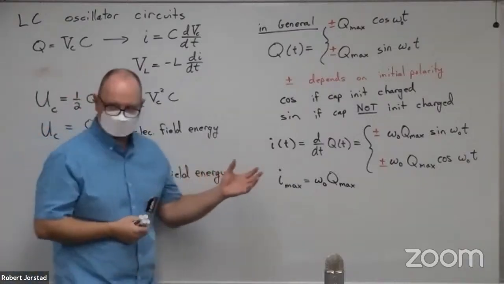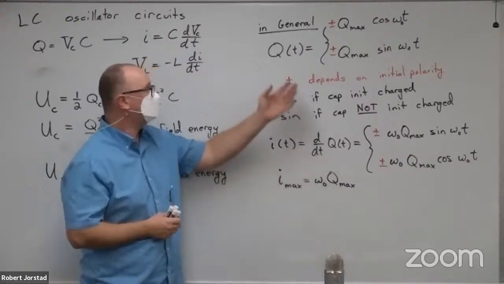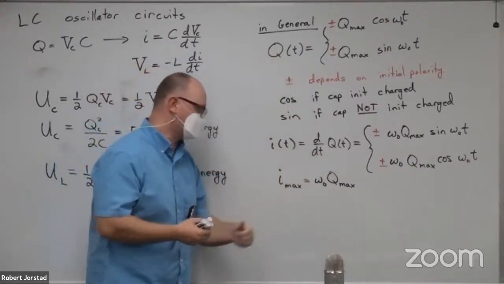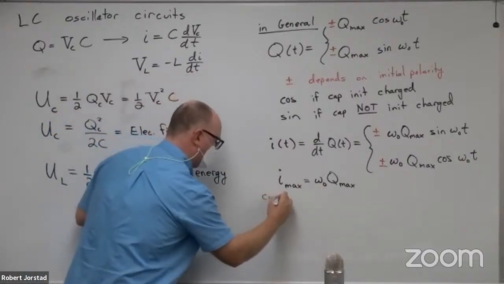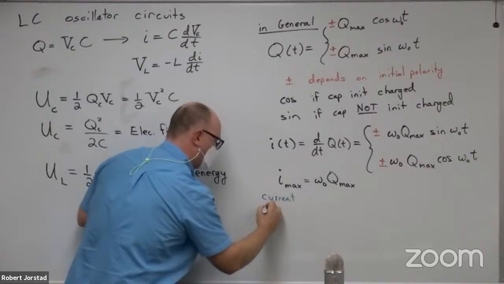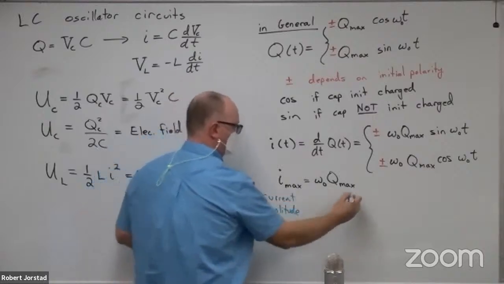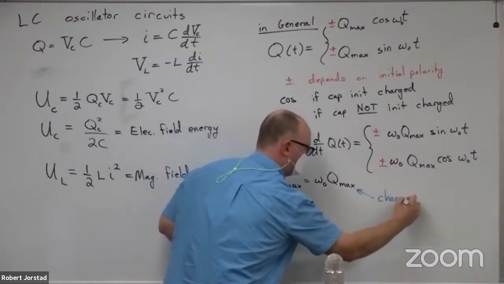Now, what we've just found out is if you can tell me either the current or the charge, I can figure out the other one using this relationship. So to be clear here, I'm going to call this one current amplitude. This one right here is charge amplitude.